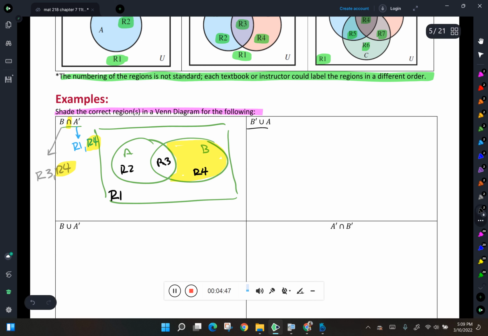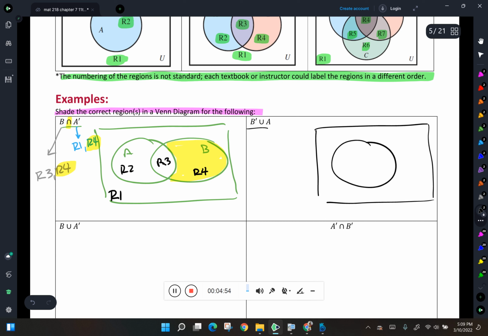B union A, I'm sorry, B complement union A. So again, another two-set Venn diagram. I've got A, I've got B, I've got Region 1, Region 2, Region 3, Region 4. B complement is going to be Region 1 and Region 2. A is Region 2 and Region 3.